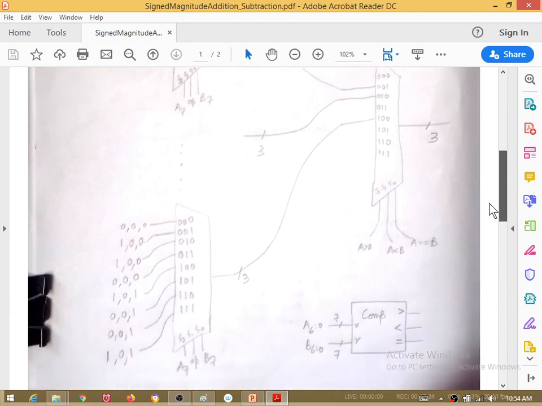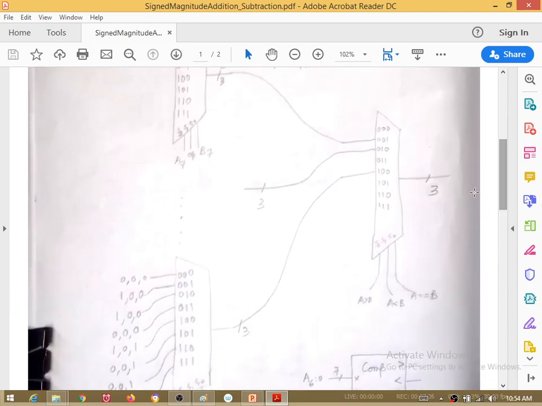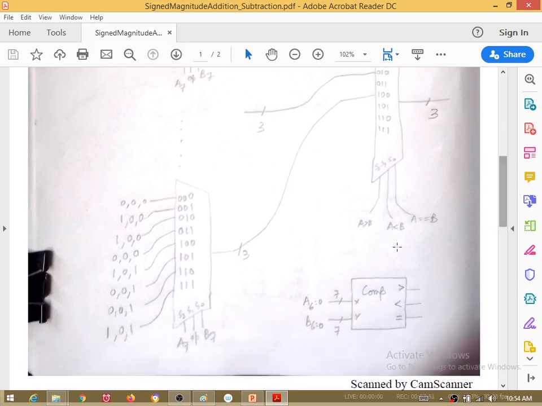So here is a mux based design. This is a 2-layer mux based design, meaning the first layer of mux here is controlled. It is obviously an 8 to 1 mux, and here are the select lines S2, S1 and S0. These select lines are basically controlled by A greater than B, A less than B, and A equal to B. So how do we find these three things out?